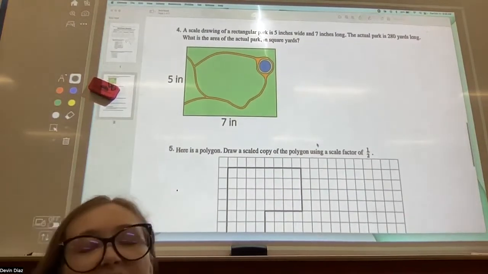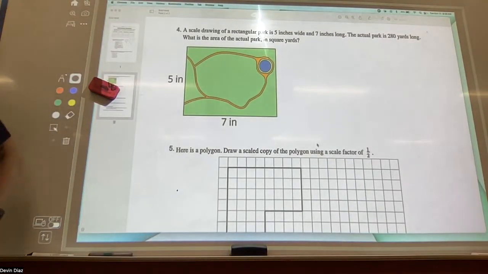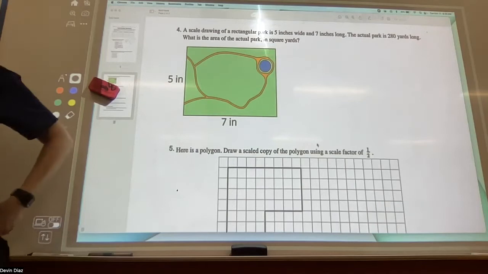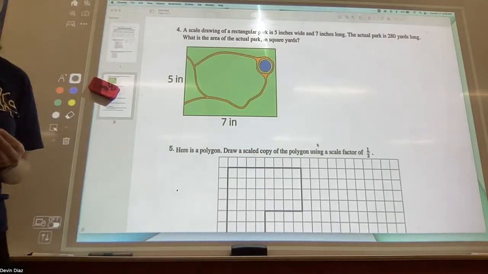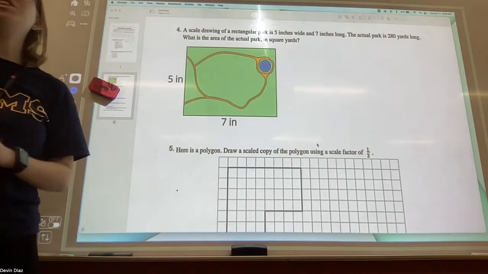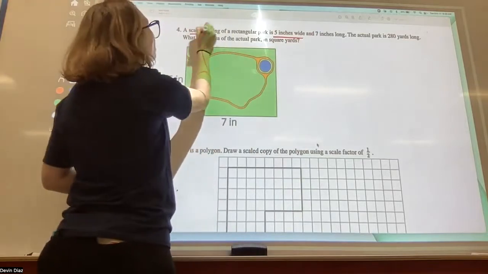Okay. I had several issues with this problem. Now, again, I want you to raise your hand as soon as you see an important piece of information. As soon as I say something important, I want your hands to go up. A scale drawing of a rectangular park is 5 inches wide. Nice. Technically, yes, we could underline scale drawing too.